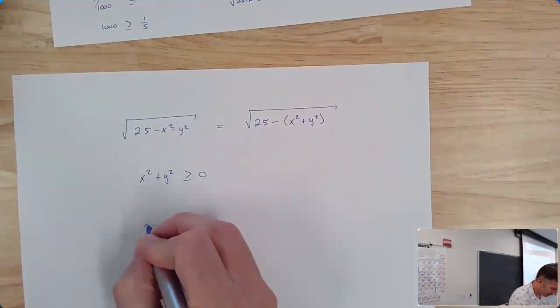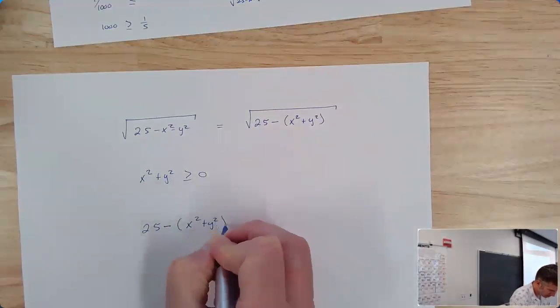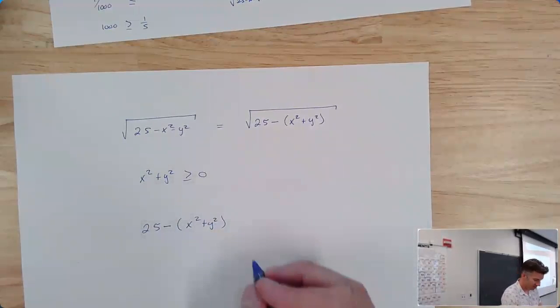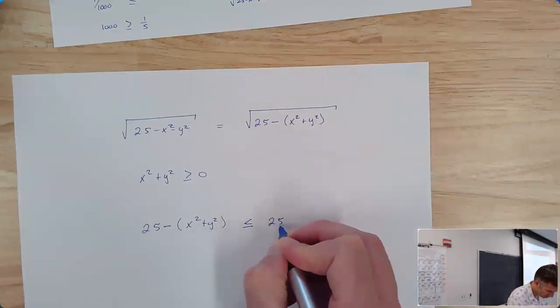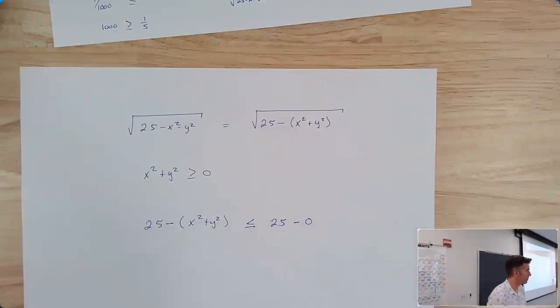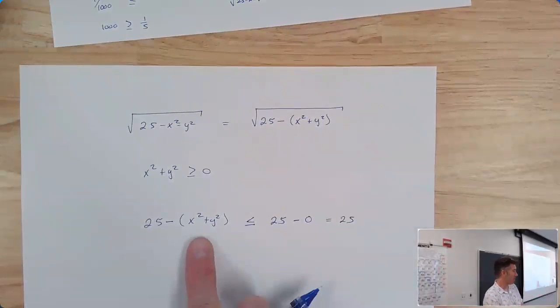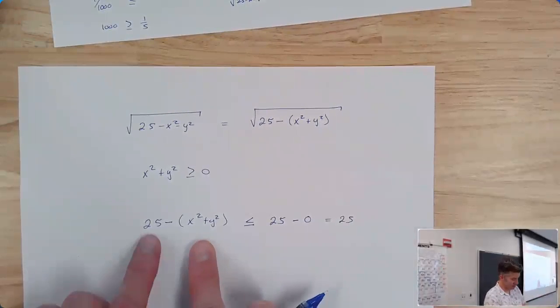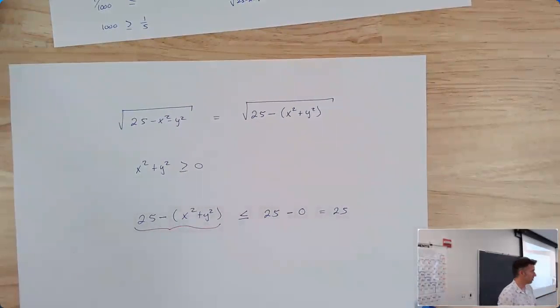So it is definitely the case that 25 minus something that is non-negative has to be less than or equal to 25 minus 0, which is 25. There's no way, no matter what you pick for x and y, that this expression could ever be larger than 25.